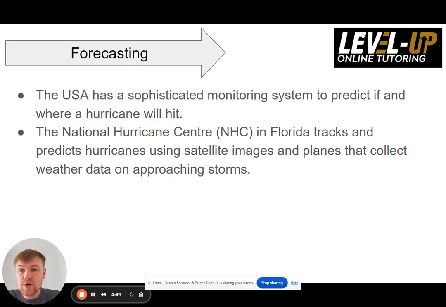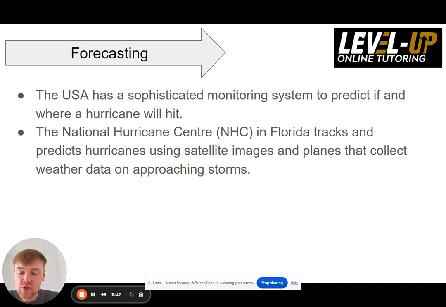So in terms of forecasting, as you would expect, the USA is very, very rich. Because of that, they have a very sophisticated monitoring system, which is able to predict when and where a hurricane is likely to strike. And then they can manage the impacts of that a little bit.